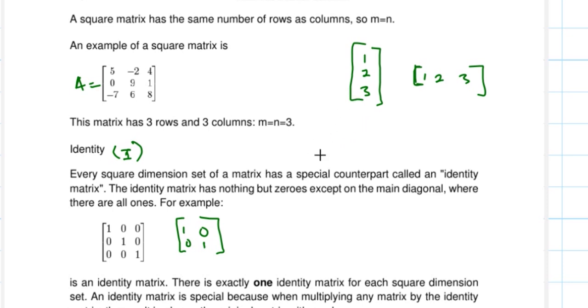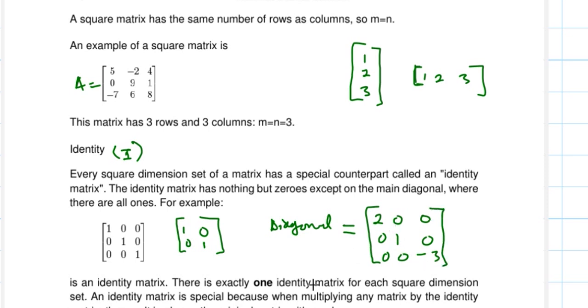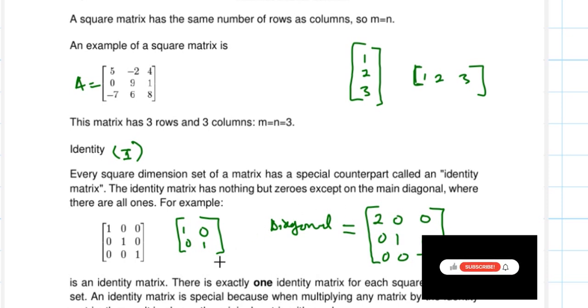And there's another special matrix called the diagonal matrix. When we speak of a diagonal matrix, every other element is 0 except the elements on the leading diagonal. But there is a difference between the diagonal matrix and the identity element.